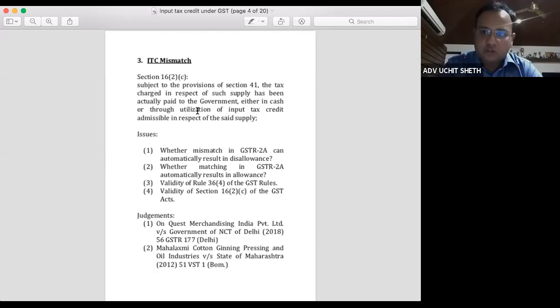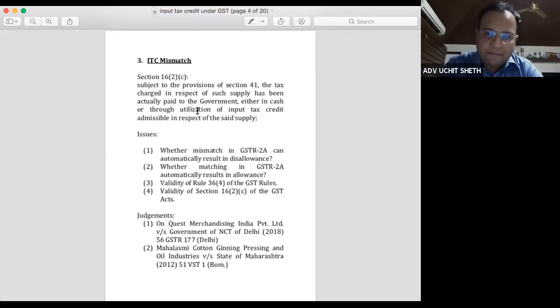But suppose on further scrutiny of my vendor's return, it is established that the tax liability which he has discharged is by availing false input tax credits and not admissible input tax credits, then the tax in respect of that supply transaction is not actually paid as per section 16 subsection 2 clause C, and therefore even though the transaction is reflected in my GSTR 2A, even then the officer can come forward and say that no, I will not allow you the input tax credit.